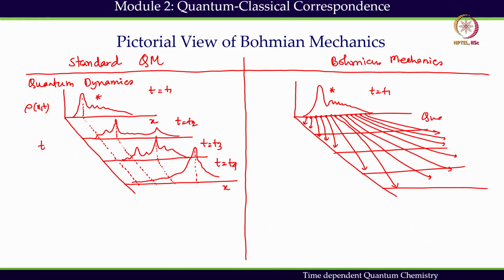So, in Bohmian mechanics we can directly get a certain kind of trajectory equivalent to classical mechanics, but the only difference is that, remember, we have only one particle and this many trajectories.